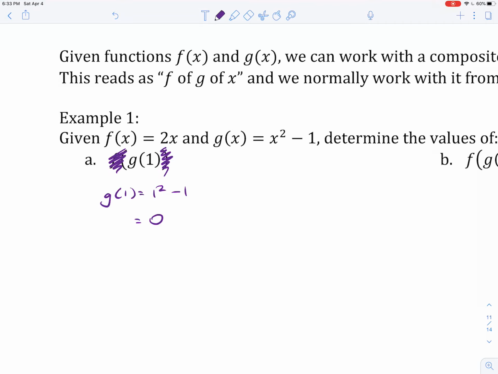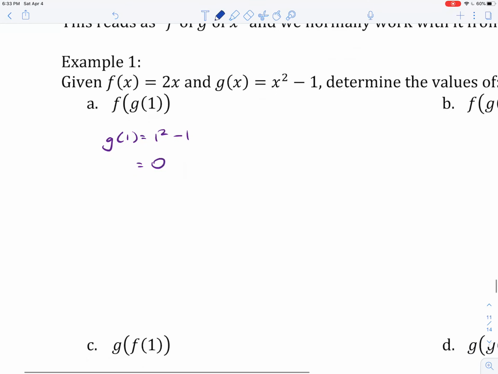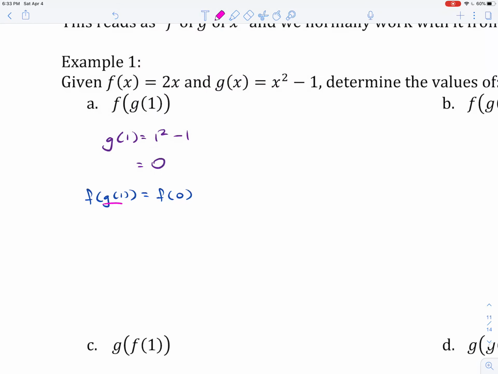But we were never after g of 1. We were after f of g of 1. Oh, it just snuck up on us like that. If we want to find f of g of 1, that's the same as finding f of 0, because g of 1 is equal to 0.